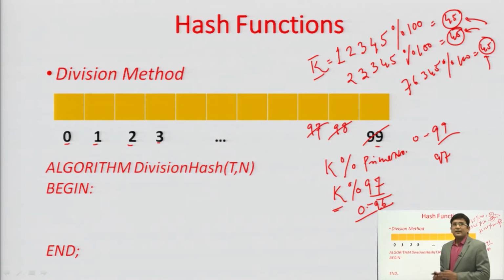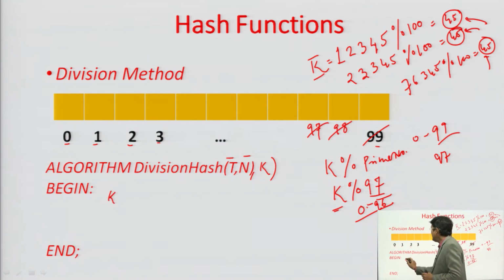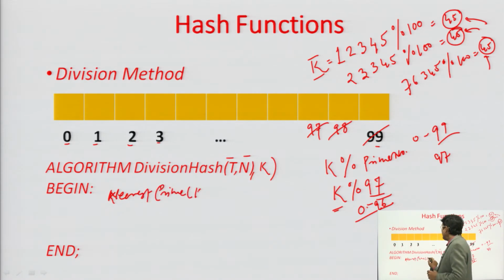Now, let us write a few lines as the algorithm for finding this. Let us say there is a table T which has a size n. Let us take a key k for which we have to find out the location. You find out the nearest prime using a function nearest prime that will find the nearest prime to n, not k, but n.